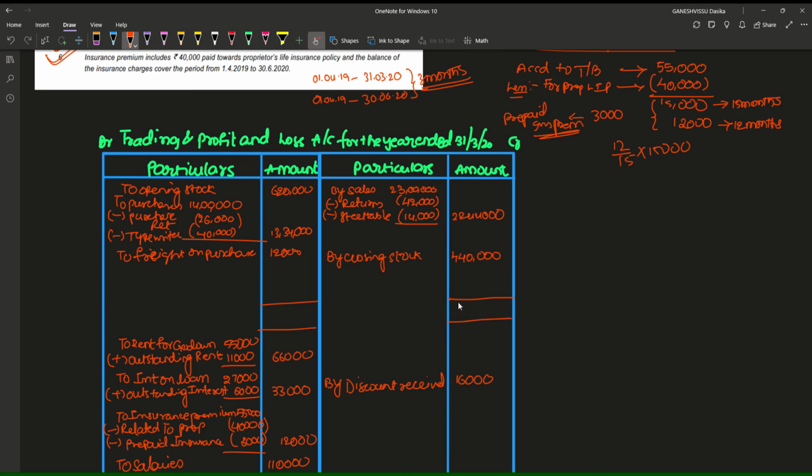Let me write it with another pen. So this is 26 lakhs 84,000. Same thing here, 26 lakhs 84,000 minus 6 lakhs 20,000 minus 13 lakhs 34,000 minus 12,000, which is the gross profit.